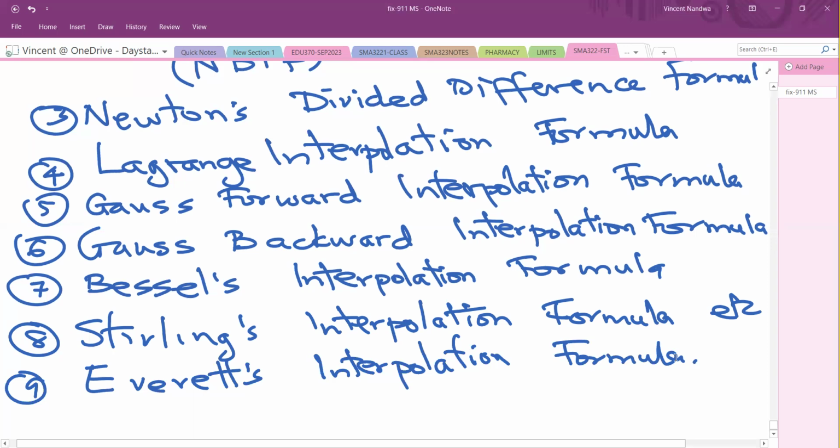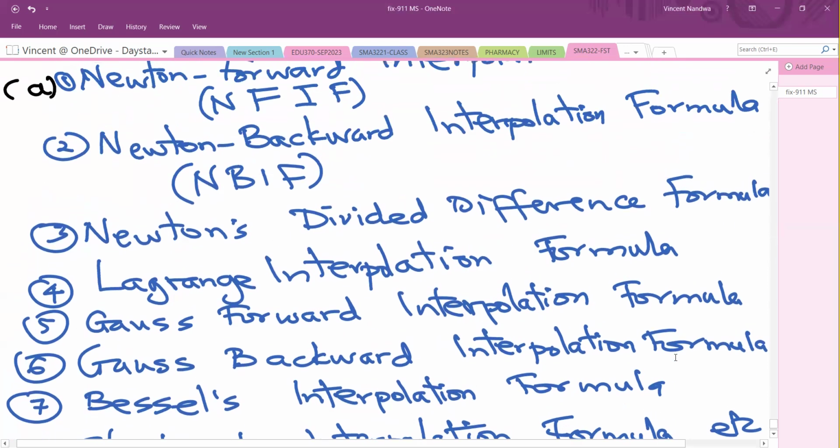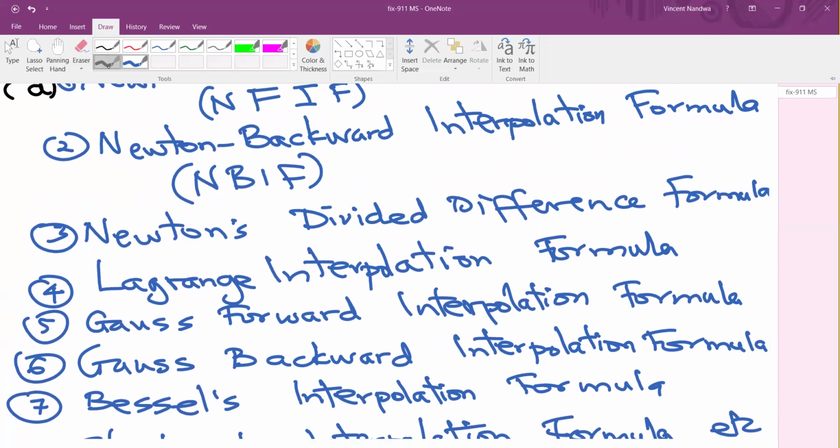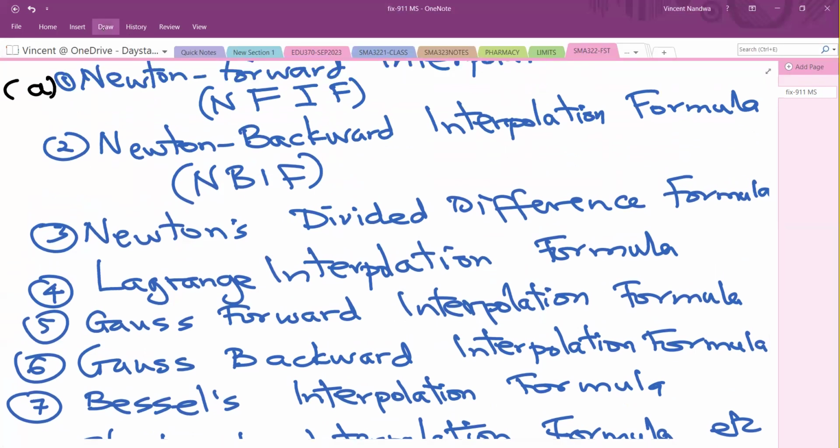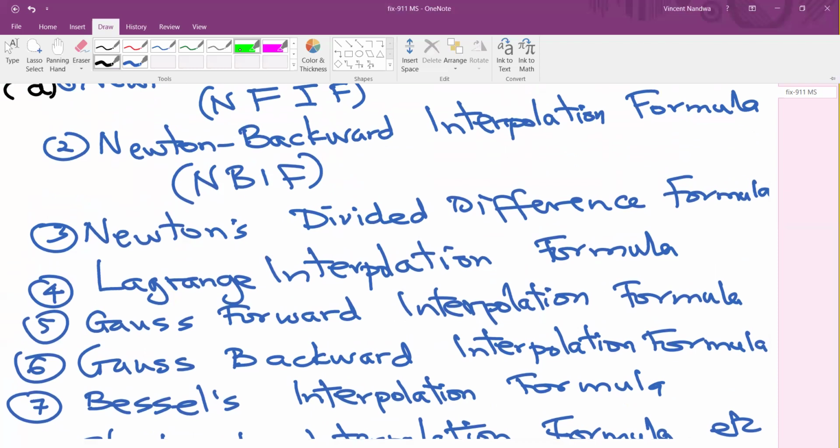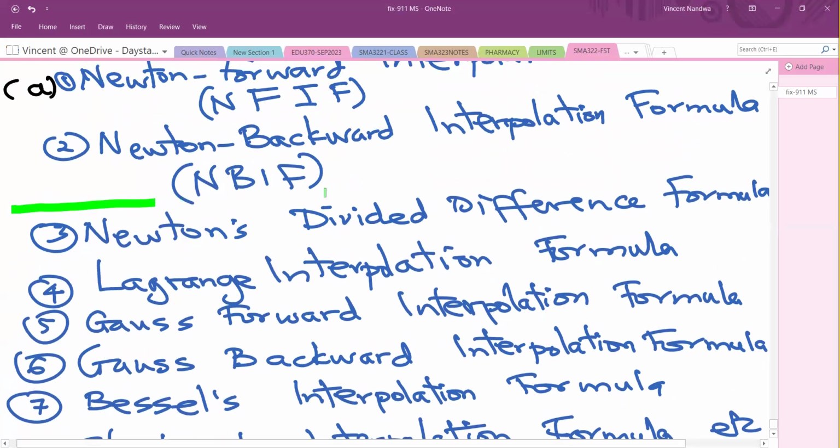So for the case of unequally spaced mesh points, we make use of these formulas here.